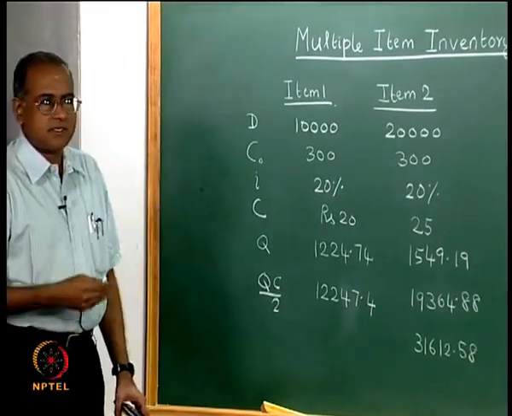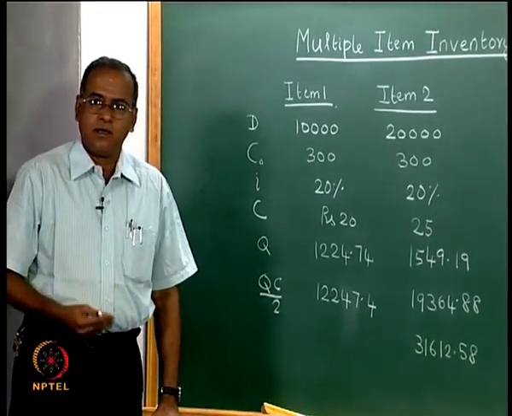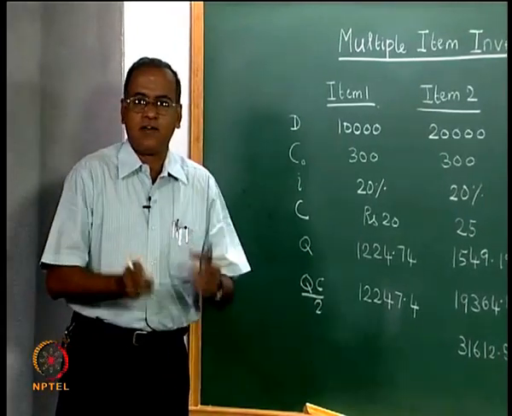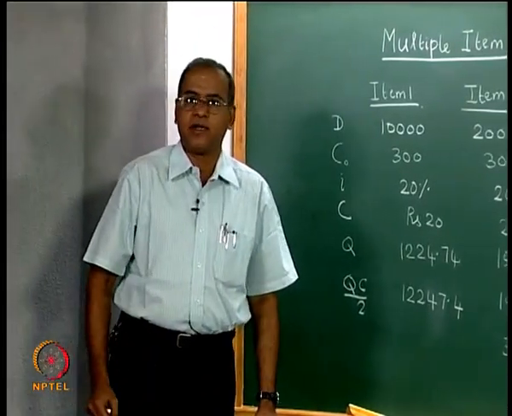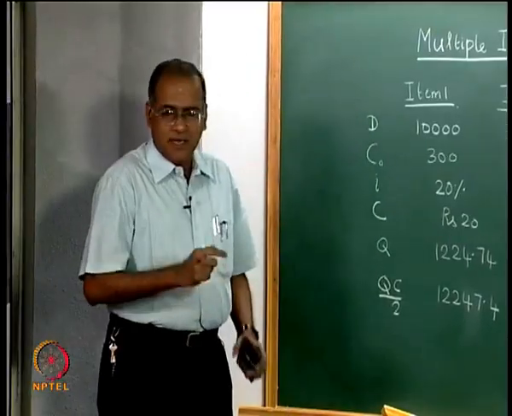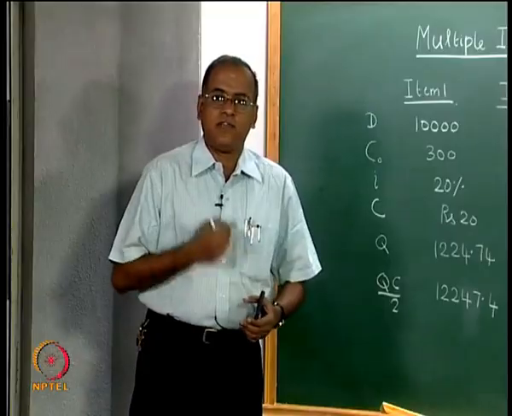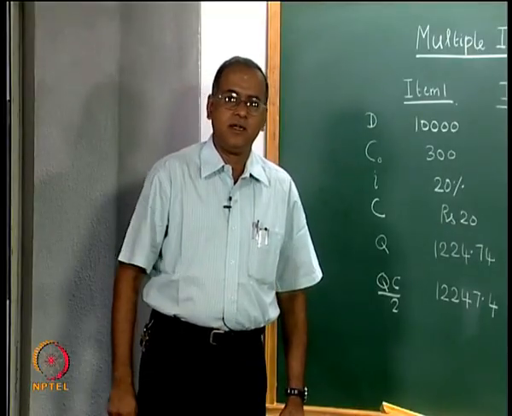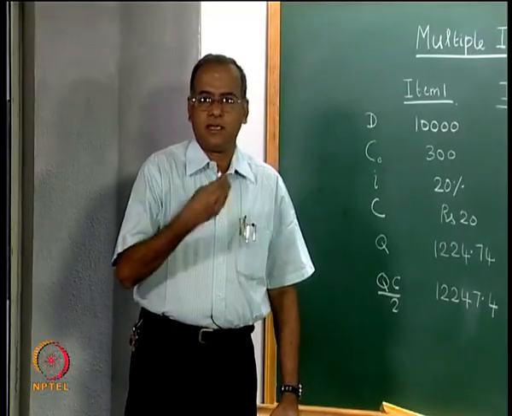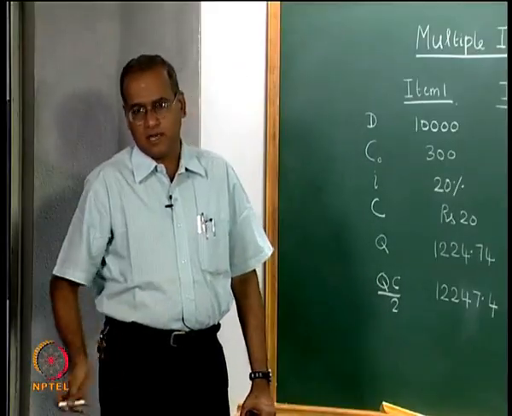So, organizations place a restriction on the money value of the average inventory held at any point in time, and then the order quantities are adjusted such that the money value of the average inventory held at any point does not exceed a given predetermined value.